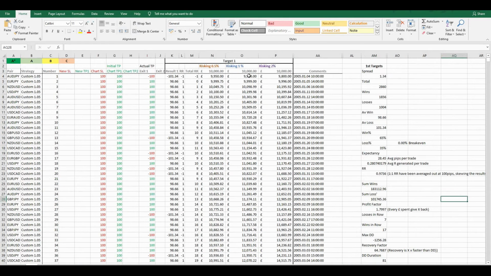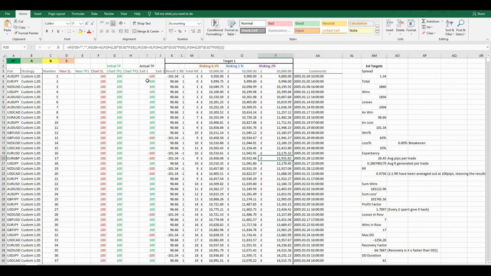So in terms of percentages then, obviously risking 1% per trade. These are all the things you need to consider. This spreadsheet is available on my website to download, so you can input all of this data. All you need to input is this, and it works out everything for you. You can see the calculations at the top here. They're quite complex.